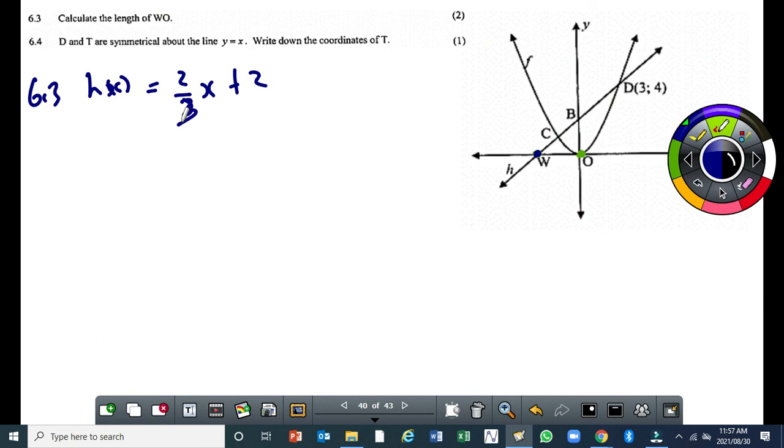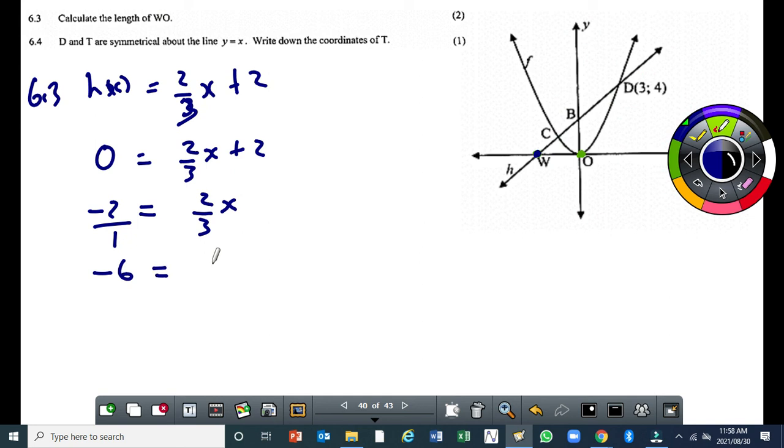Since y is 0 there, put y equal to 0, that becomes 0 equals 2 over 3x plus 2, and this gives me minus 2 equals 2 over 3x. Cross multiply, get minus 6, and then x will be negative 3, right?